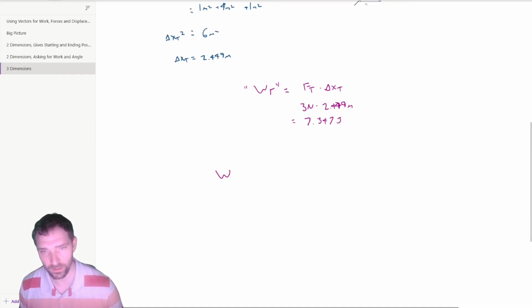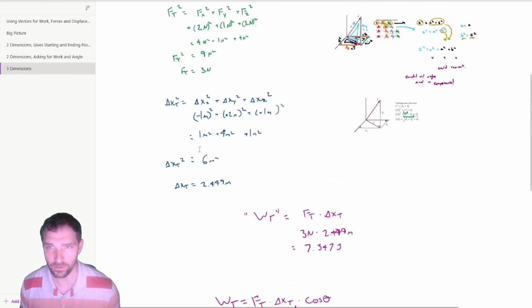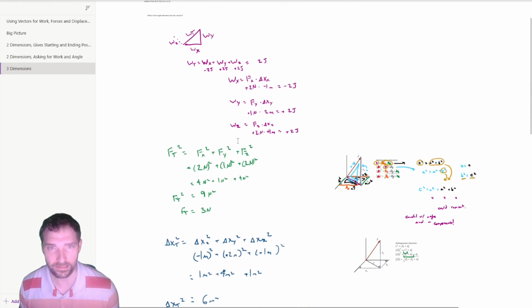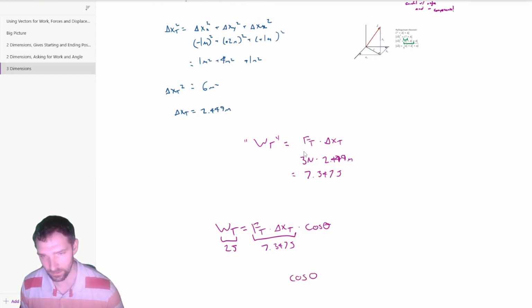So this work total is going to be the F total times the displacement total times the cosine of the angle between the two. We've said that these two times each other would be the 7.347 joules, the work total we had found previously in the last section. So I believe that that work total was 2 joules. And so we're able to say that this is the 2 joules, and we can rearrange to isolate for the cosine.